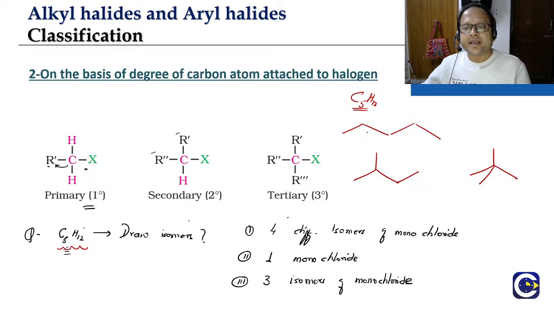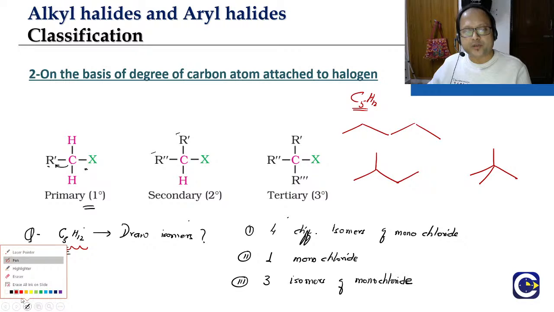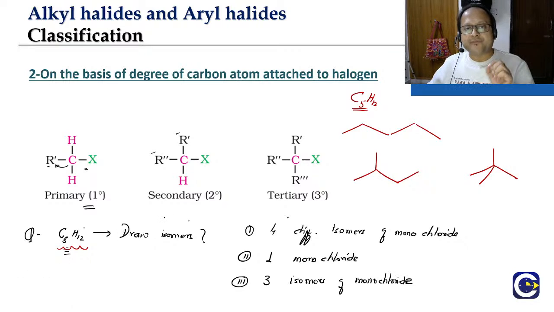Now let us see, if we put halogens here, what are we going to get? We have to have one chlorine only, not more than one. So if you replace one hydrogen by a chlorine, you can have this position. You can have the second position also, like this will be 1-chloropentane, this will be 2-chloropentane, this will become 3-chloropentane, and then you have got repeats.